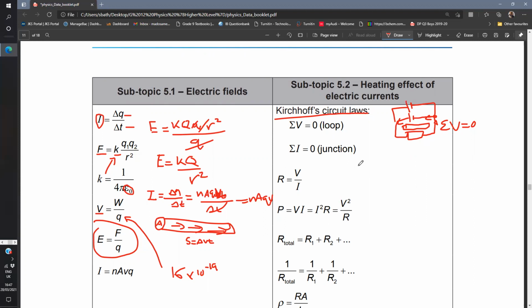And then we also have Ohm's law. Ohm's law basically states that R is equal to V over I. This is a standard equation. And we can also derive power. So we said power is equal to VI, basically.